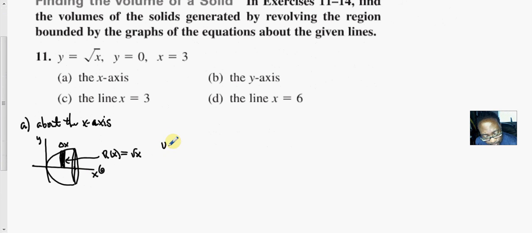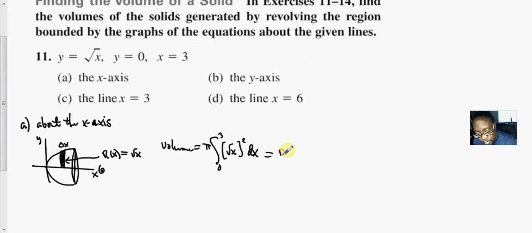So the volume is equal to pi. We're integrating from 0 to 3. This is the radius squared, just the square root of x, squared dx.